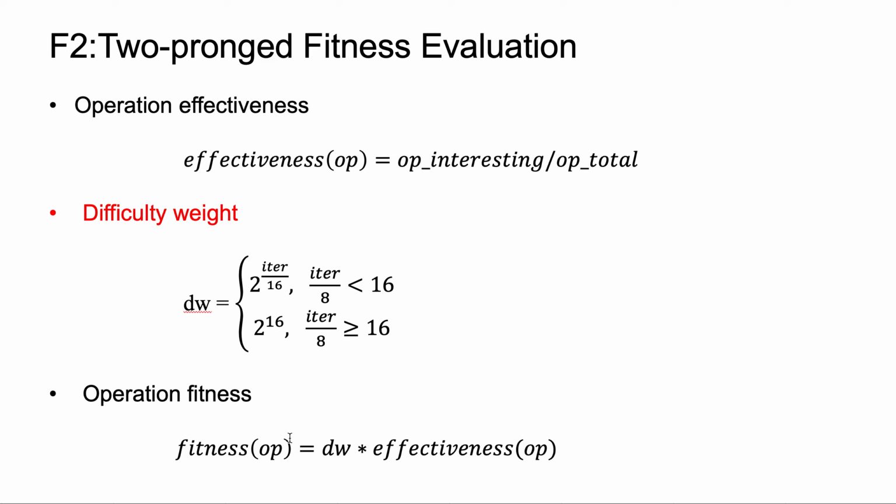In this paper, we introduce the difficulty weight to represent the difficulty of generating interesting test cases. Here, iteration denotes the current iteration number, and as a result, an operation's fitness is calculated by the difficulty weight times operation effectiveness.